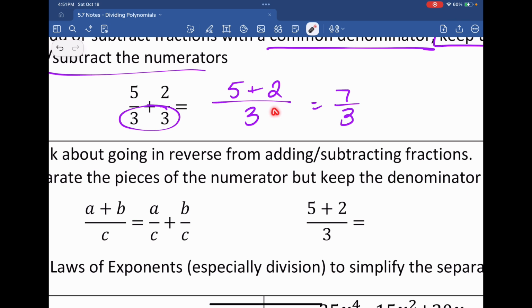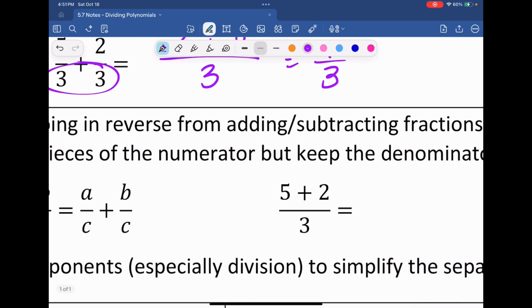And I got that by taking 5/3 and adding 2/3. So 5 plus 2 over 3 is equal to 5 over 3 plus 2 over 3. Being able to decompose a fraction like that is the key skill in dividing polynomials.